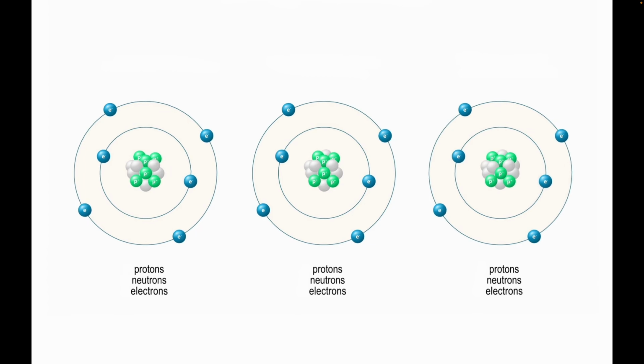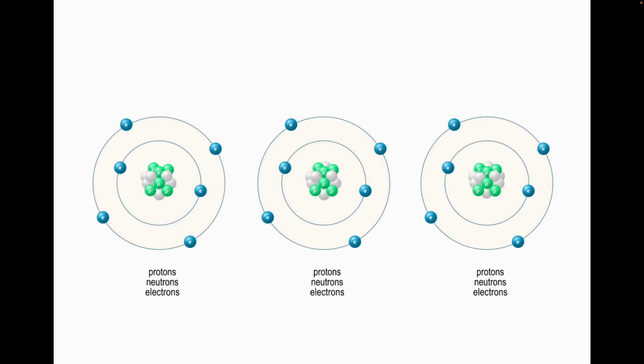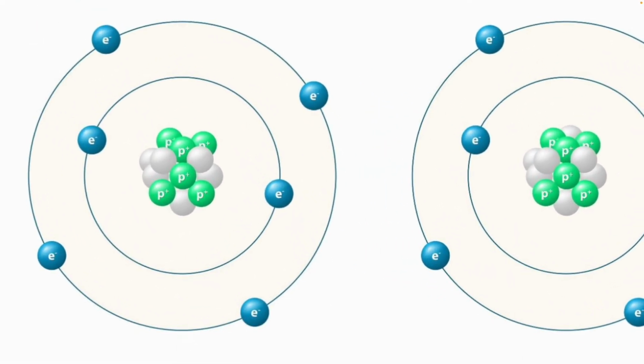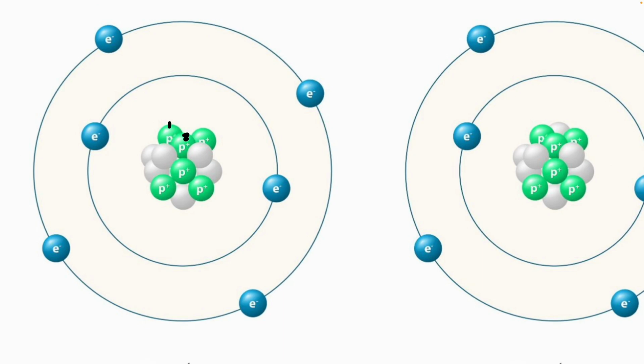All right, let's take a look at these 3 atoms here, and we're going to label this section isotopes. So we have this atom here. Let's figure out, we have 1, 2, 3, 4, 5, 6 protons in this atom.